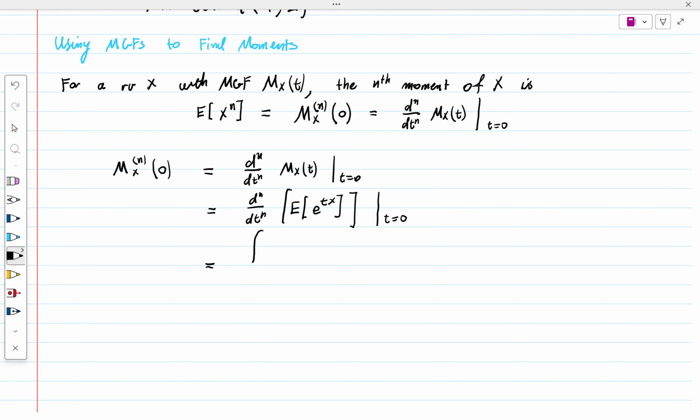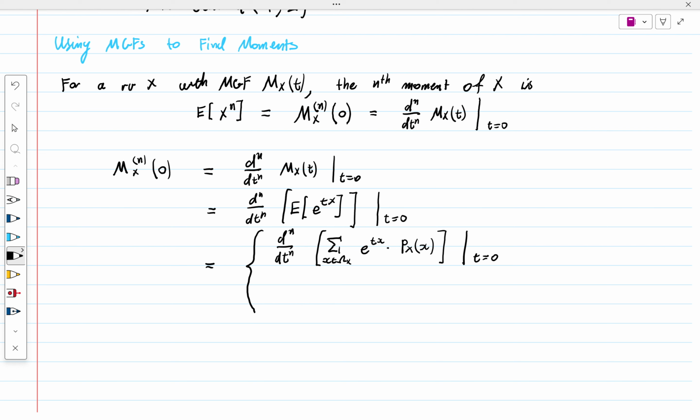Think about the definition of expectation for a second. We have two definitions. One for discrete, where x is an element of the support, e to the tx times p_X(x). What we have to do with this definition is differentiate with respect to t, and then evaluate at t equal to 0.